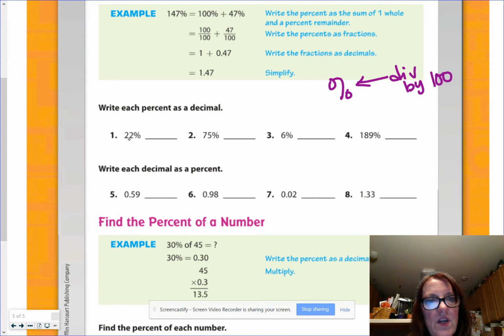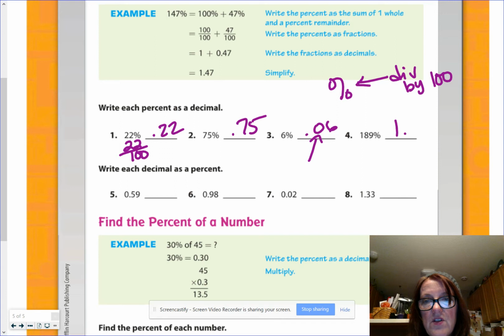When I'm saying 22 and then the percent sign means divided by 100, that means it's 22 over 100, and as a decimal, 22 hundredths that way. 75 hundredths. Careful on this guy, you better have that 0 in there. And this one should be 1.89. So watch your decimal places, okay?